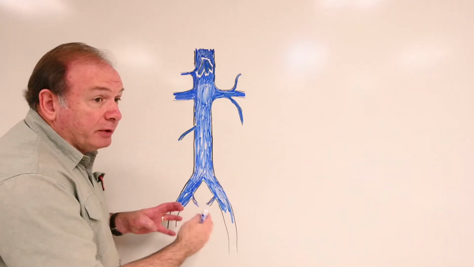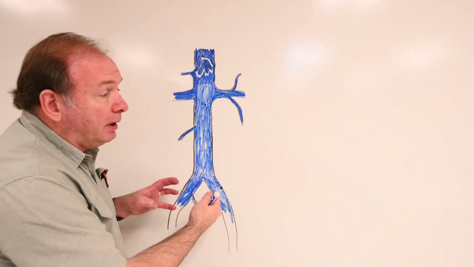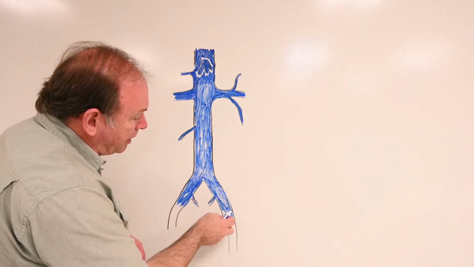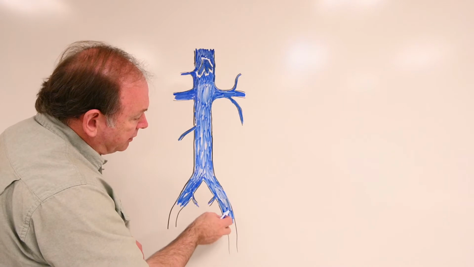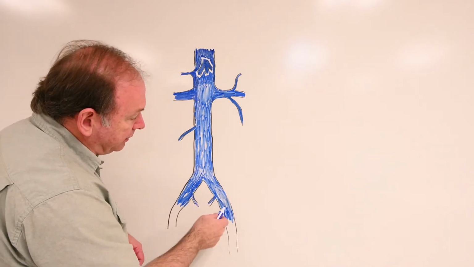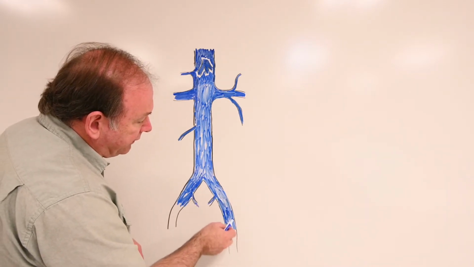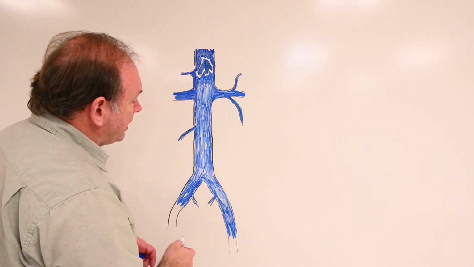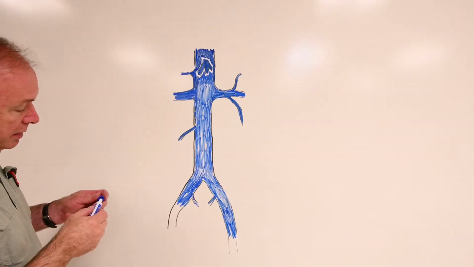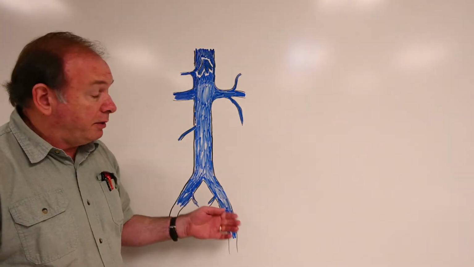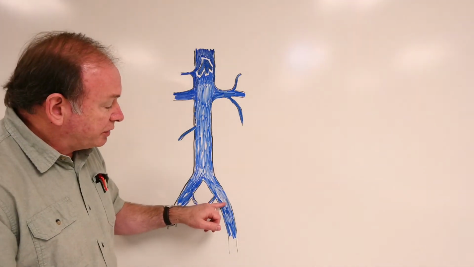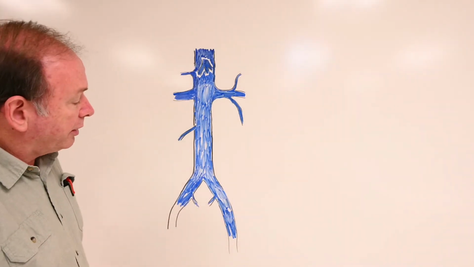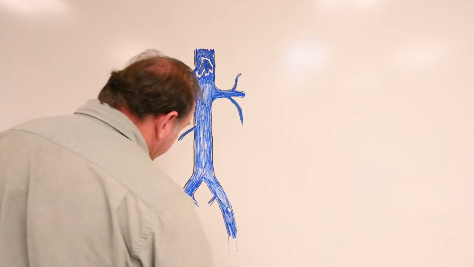Now, iliac refers to the area within the pelvis, the hip bones in the pelvic region. Once it goes beyond that, into the leg, this is referred to as a femoral vein. Same thing was true with the artery: after your external iliac goes into the leg, it's called a femoral artery. But here's the vein coming in.